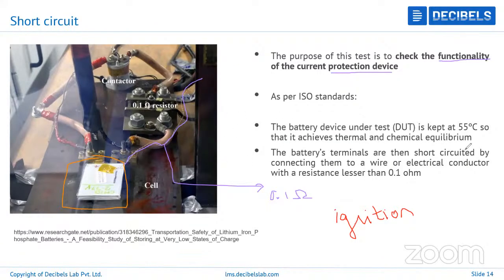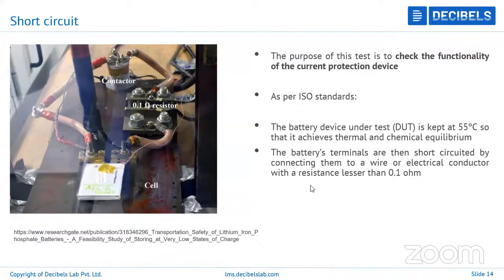It can be performed at different temperatures as well, because as I had said earlier, the ambient temperature will also influence the chemical reaction occurring within the cell. If the reactions occur at very high rates, then it is more likely that a short circuit can occur much more easily, and it can also ignite much more easily. So this is with respect to short circuit.